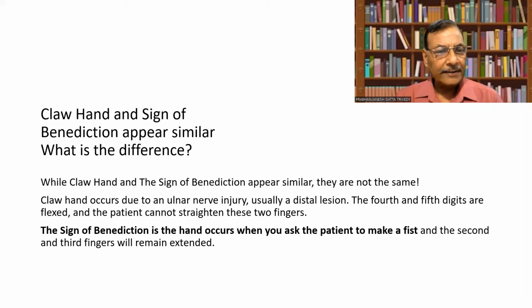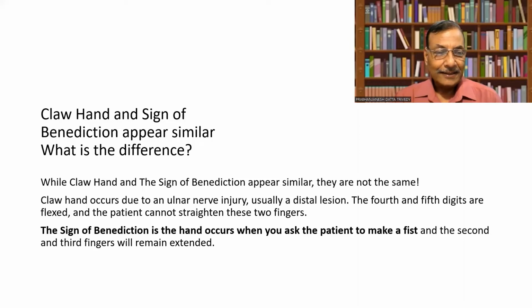While the claw hand and the sign of benediction may appear very similar, they are not the same. Claw hand occurs due to an ulnar nerve injury, usually when there is a distal lesion. The fourth and fifth digits are flexed, and the patient cannot straighten these two fingers.